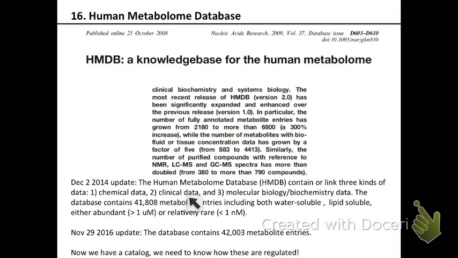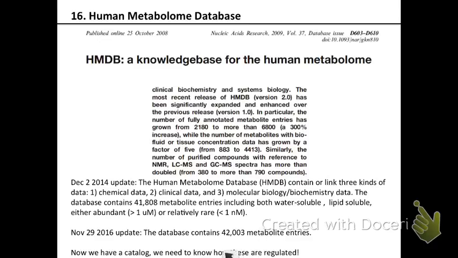It can give you clinical data, that is, what type of metabolites are linked to what kind of diseases. And it can also give you molecular biology and biochemistry data, that is, what are the enzymes that are involved in producing or using a certain metabolite, right? So right now the database contains about 42,000 different metabolites, and that's amazing, right?